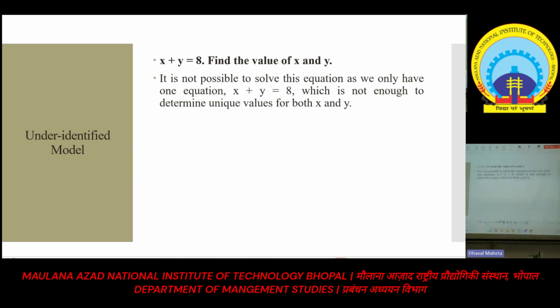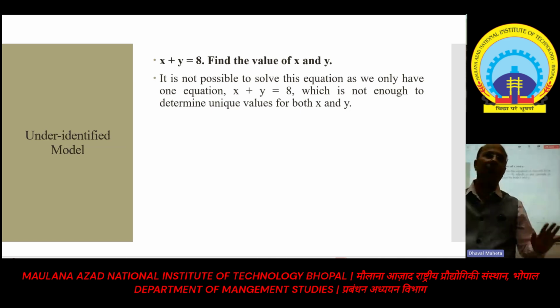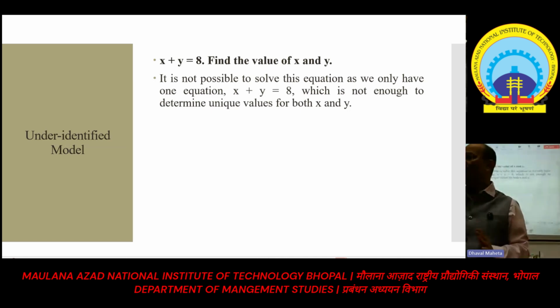You can't solve it? Why can we not solve it? Two unknowns and one known. We cannot solve this equation. This is the problem of degree of freedom. When the number of unknowns is more than the number of knowns, we face this problem.